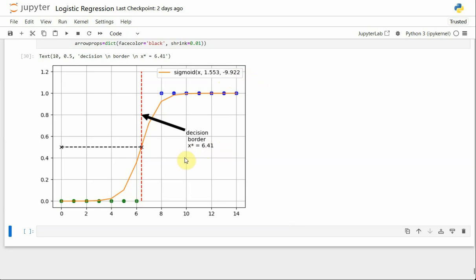Logistic regression is a very good approximation for binary class problems, and here we have implemented it using gradient descent. In the same way we implemented linear regression, but we have changed the loss function and the corresponding gradients for the parameters. So that's it for logistic regression.